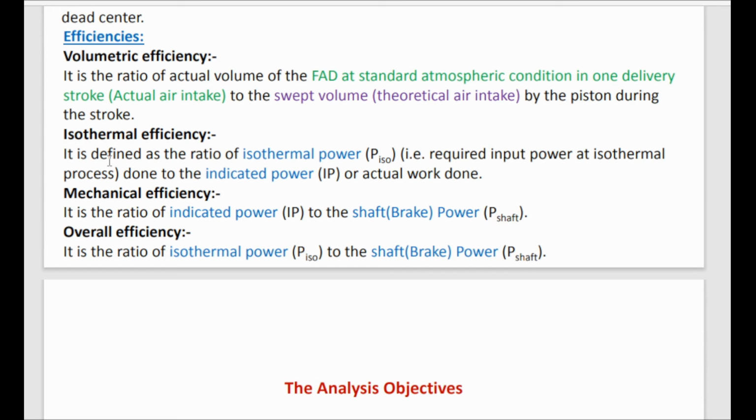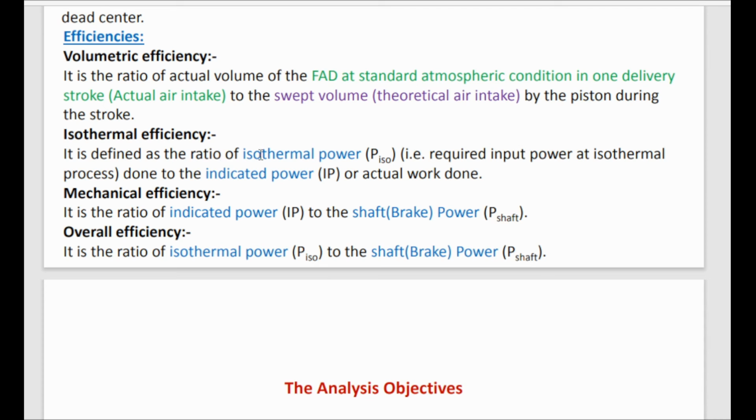Now, isothermal efficiency is defined as the ratio of isothermal power, that is the required input power for the isothermal process, to the indicated power or actual work done. So we have three approximations of how the compression process happens. One is isothermal, the second one is polytropic, and the other one is the reversible adiabatic process.